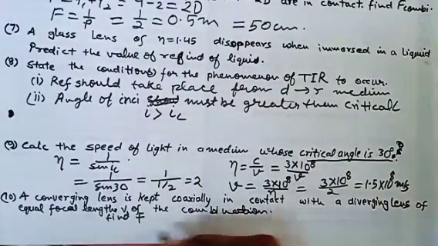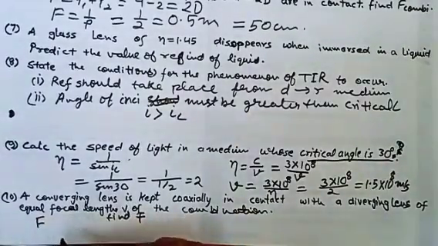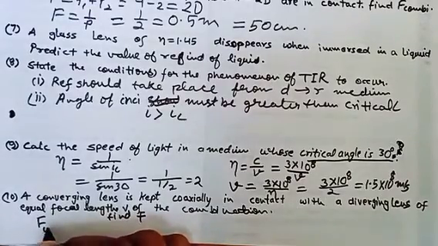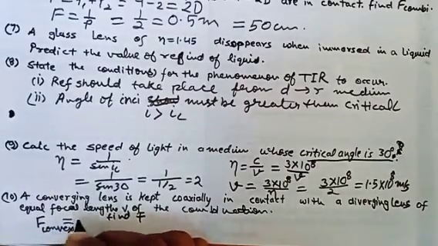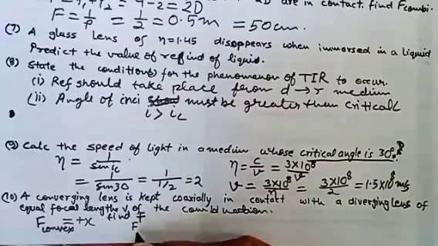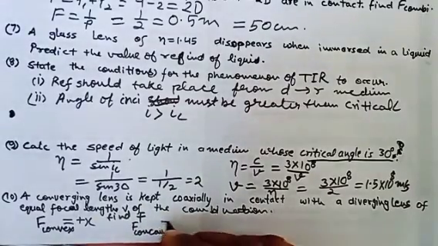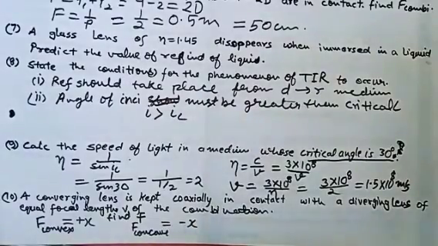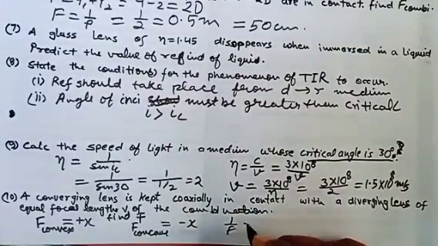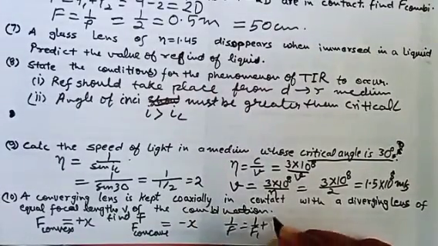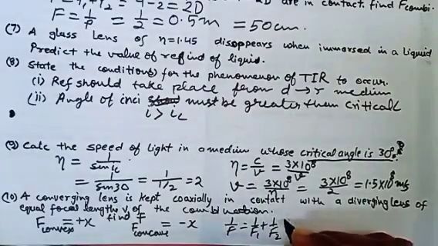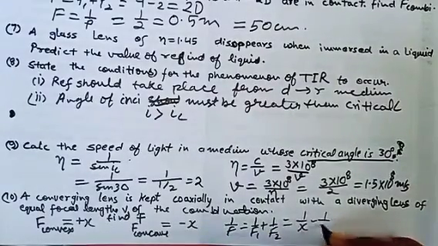So we can say that f for convex is plus x, and f for concave is minus x, converging and diverging, that is why opposite natures. So for the focal length of combination, 1 by f1 plus 1 by f2, this is what the formula is. 1 by x minus 1 by x, that is 0.